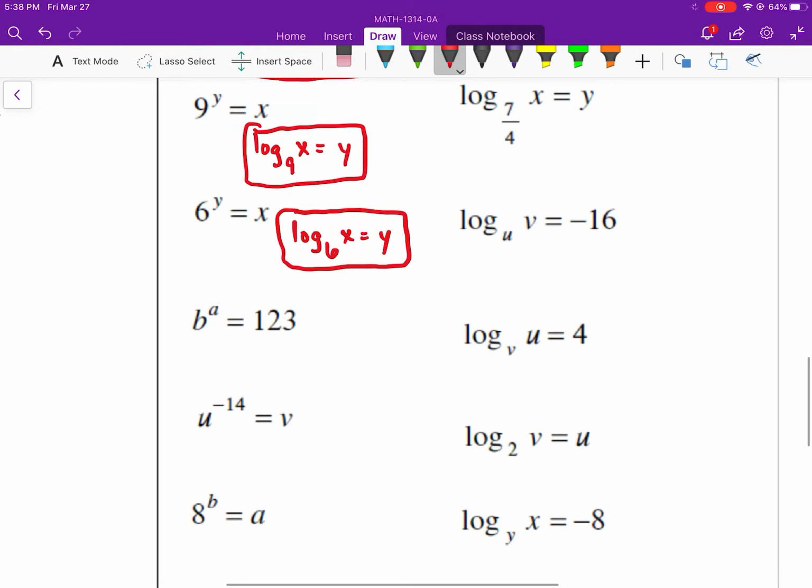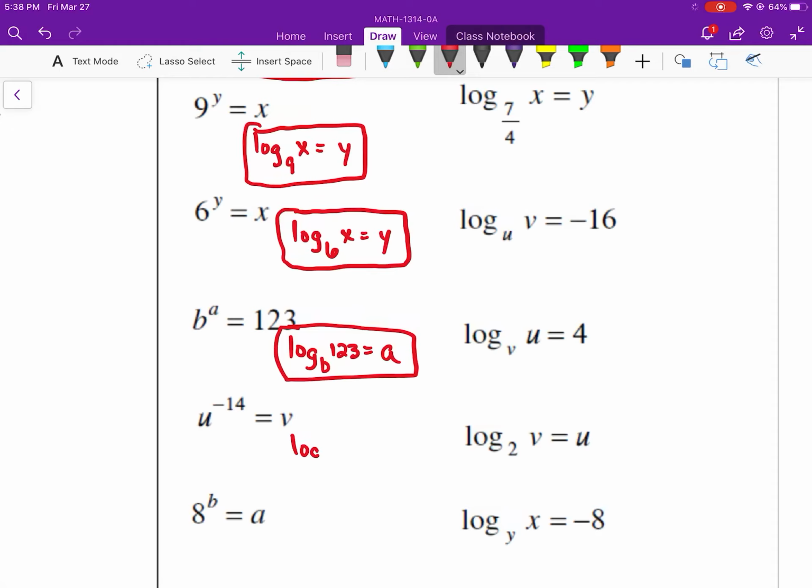We've got three more here. This next one, log, what's my base? Base b of my answer, which is 123, equals my exponent, which is a. Next one down.